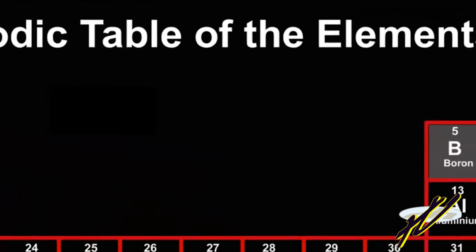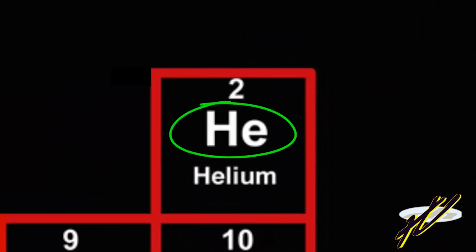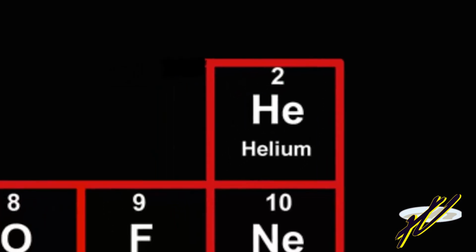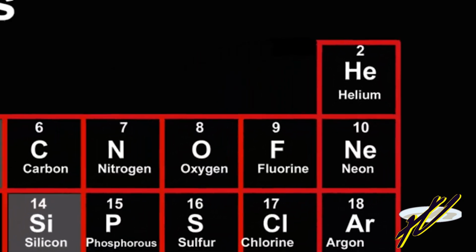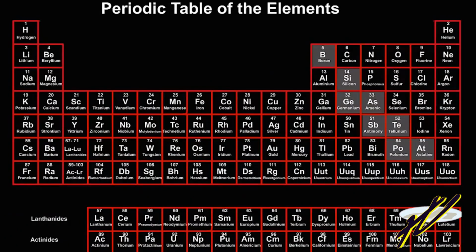Zooming into helium at the top right, we can see that its symbol is He, big H, little e, to make it a bit different to hydrogen's. And its atomic number is 2, being the second lightest element. The third lightest element is lithium, so it has an atomic number of 3.